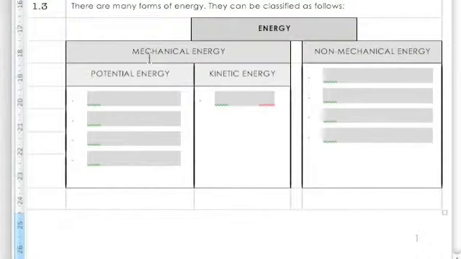Sorry, not sources, forms: gravitational potential energy, elastic potential energy, chemical energy. Under kinetic energy, you have kinetic energy. The non-mechanical energy could be heat energy, light energy, sound energy, and nuclear energy.